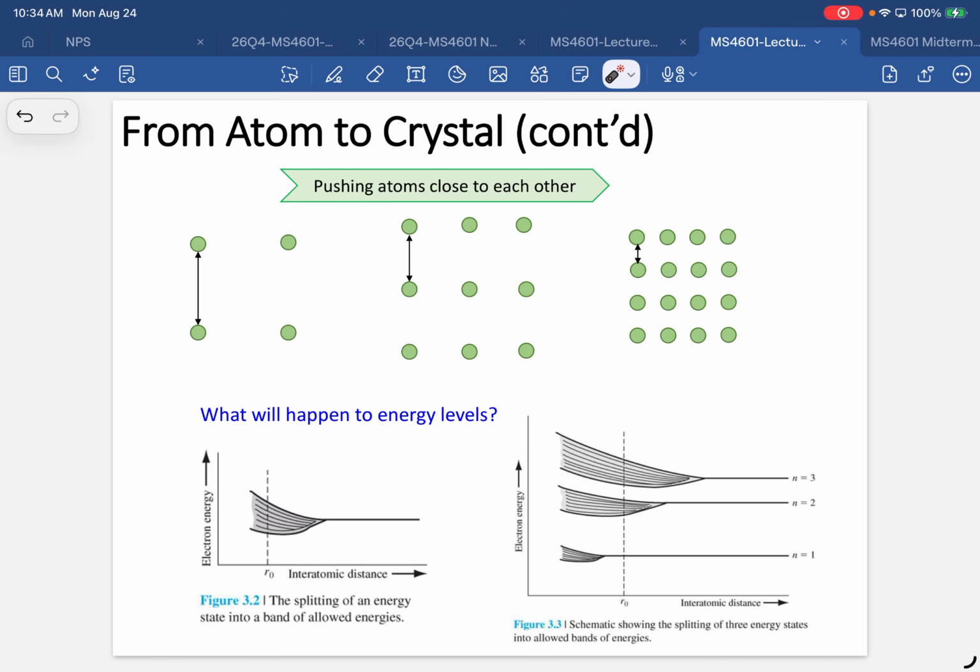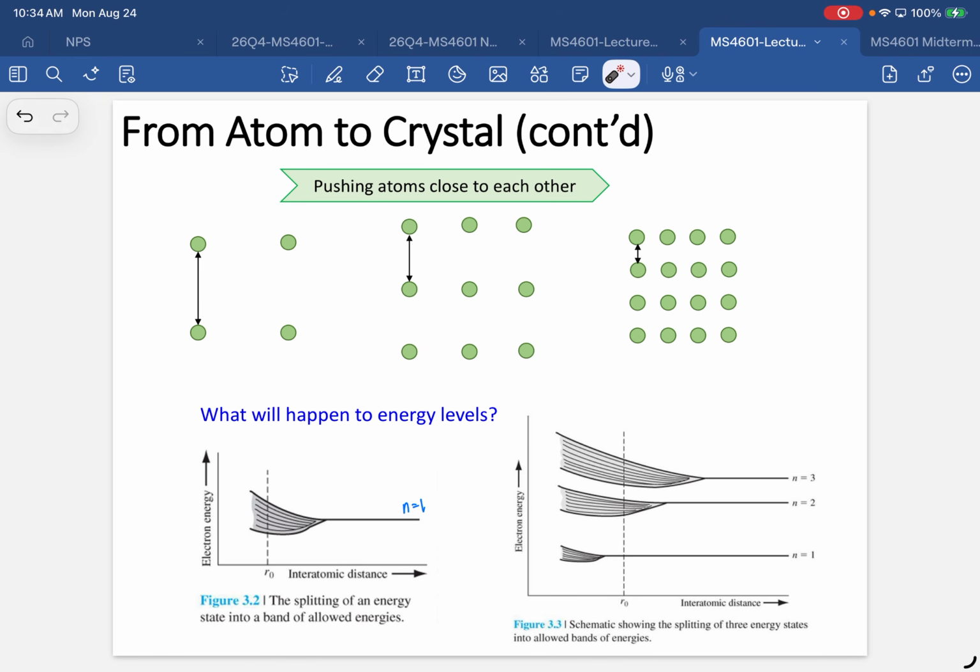and there will be an energy band that is formed. So this one is considered n equals 1. But we actually have other energy levels as well, right? For hydrogen, we have the n equals 2 energy level, the n equals 3 energy level. Overall, those are located farther out.